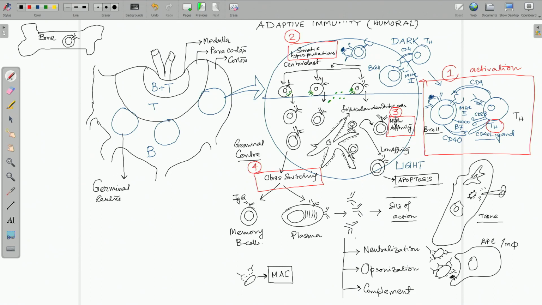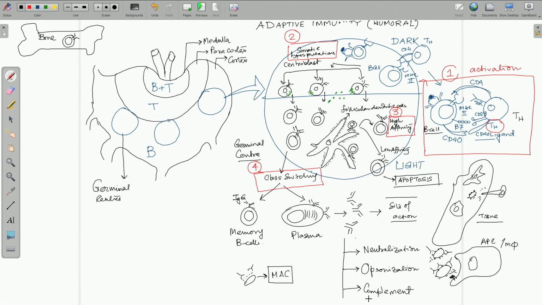Plasma B cells are ultimately the secretory cells, and they secrete the antibodies. These antibodies can then go to the site of inflammation, or the site of action, and perform several functions like neutralization, opsonization, or complement activation.